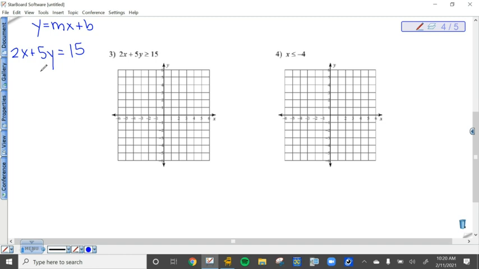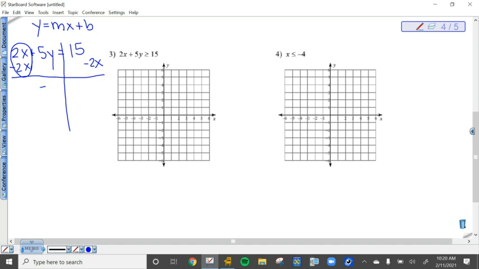The 2x or the 5? The 2x, yeah. We have to subtract that 2x. Let's get rid of it. And then that means we have to subtract 2x from this side. 2x minus 2x, that makes 0.